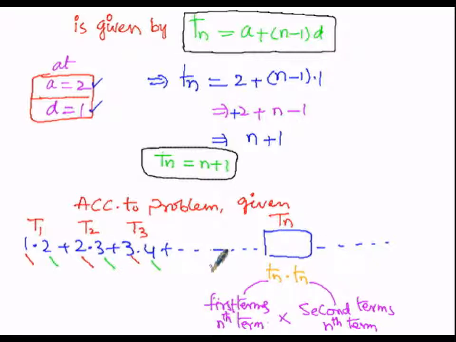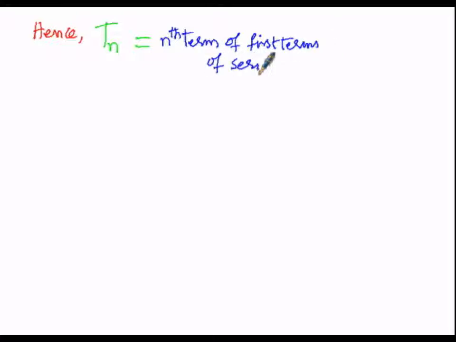So capital Tn, that is the nth term of the series, will be given by the nth term of the first terms of the series into the nth term of the second terms of the series.